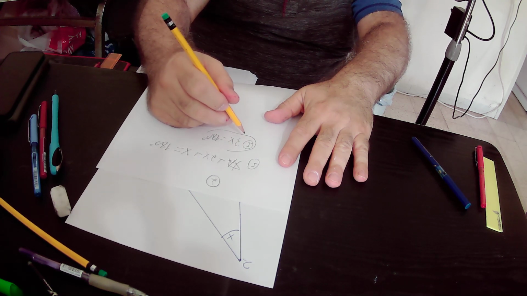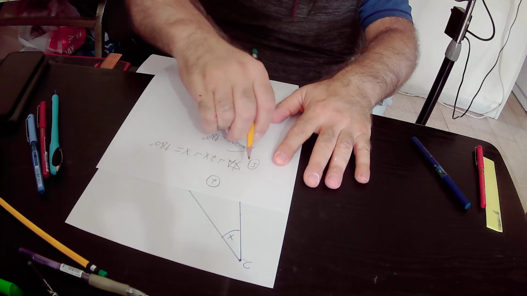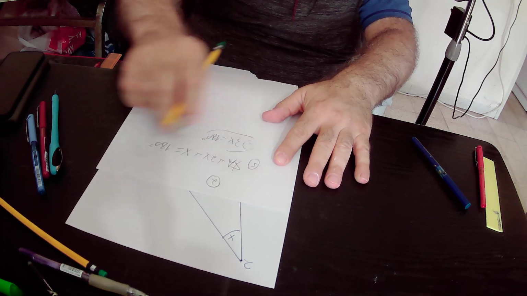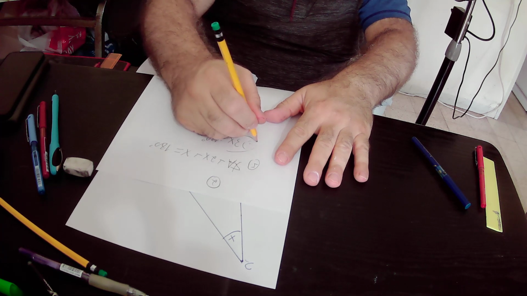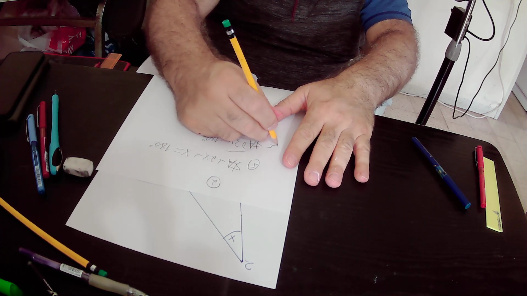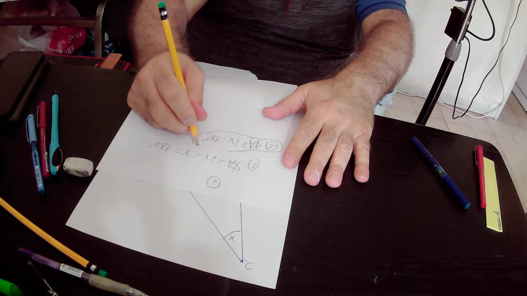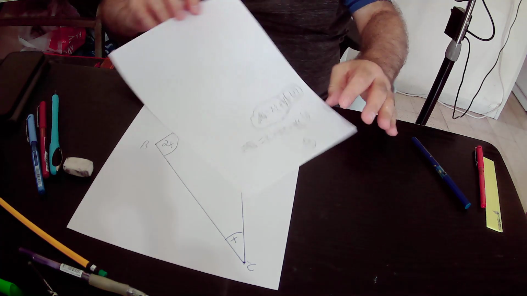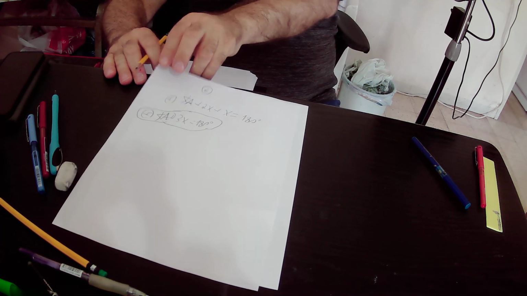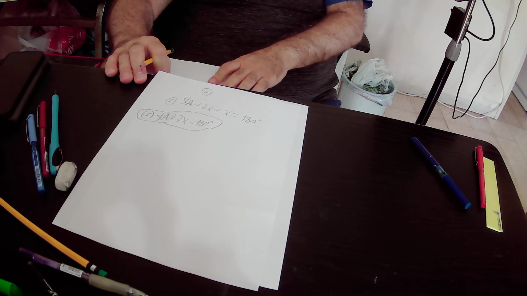One minute. Angle A plus 3x, angle A plus 3x equals 180 degrees.